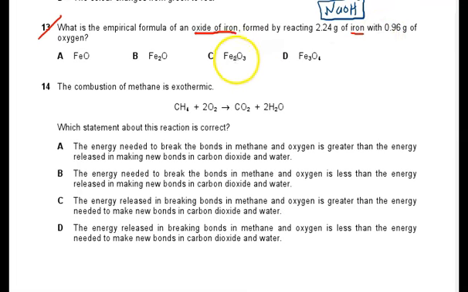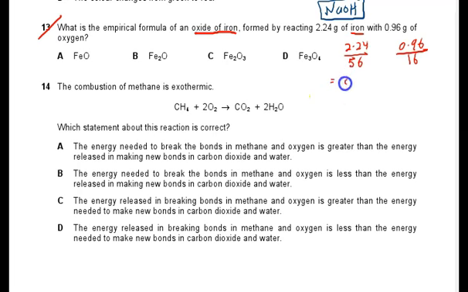We divide the iron mass with its RAM, which is 56. Here we divide the oxygen with its RAM. So let us calculate this. This is an empirical formula solution.